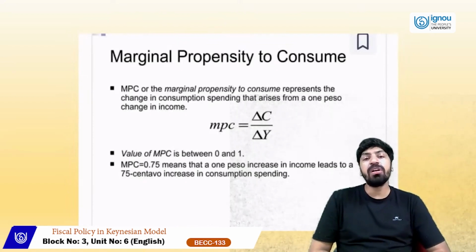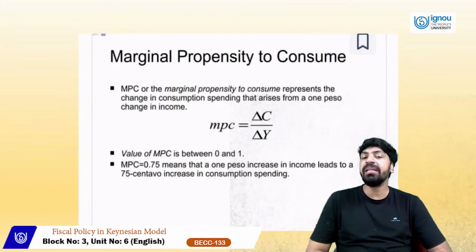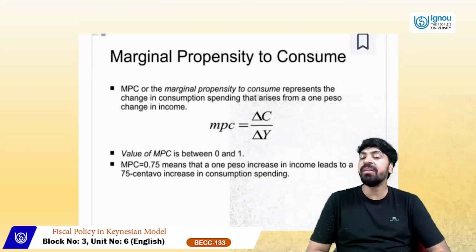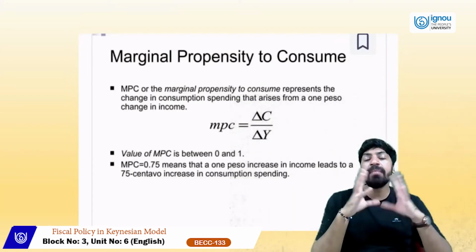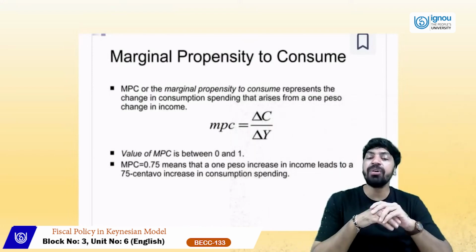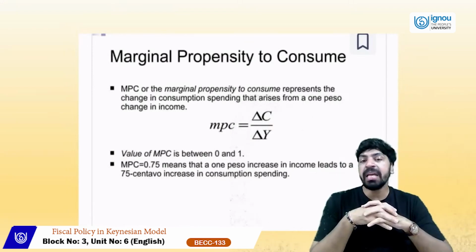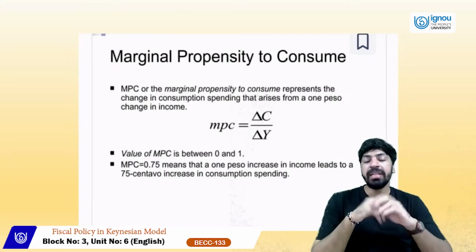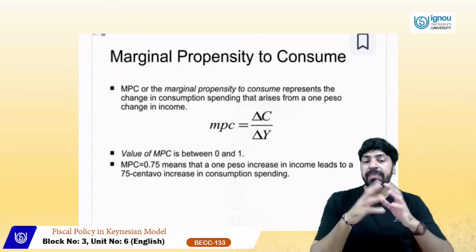Now, how to calculate the marginal propensity to consume: it is delta C by delta Y, where C stands for consumption spending and Y stands for income. When we talk about the mathematical calculation, in the earlier table the MPC has been estimated as 0.75, already written on the PPT.